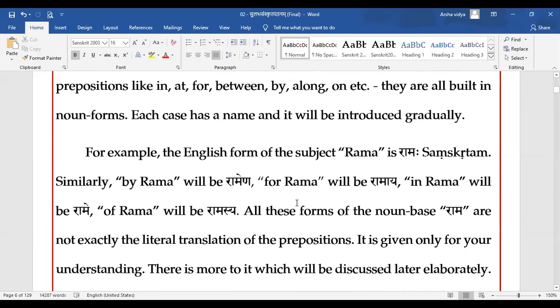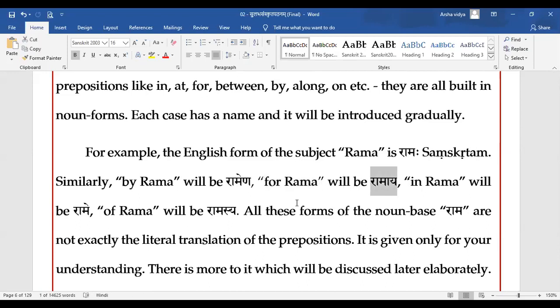Now let me explain what I said in simple words using some examples given here. You can see, for example, the form of the subject Rama is Ramaha. Ramaha is a noun form derived from the Shabda Rama. Similarly, by Rama, where by is a preposition, will be Ramena. This is another Namapadam derived from the Shabda Rama. For Rama or to Rama will be Ramaya.